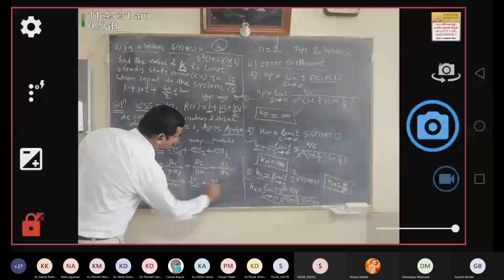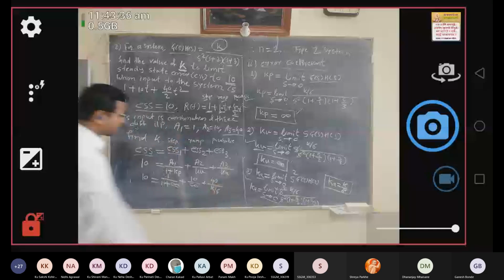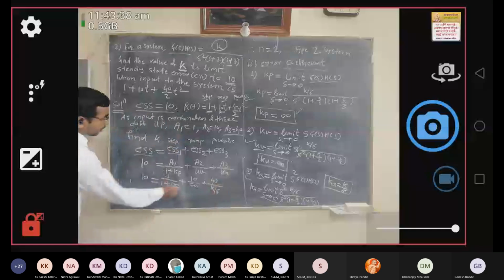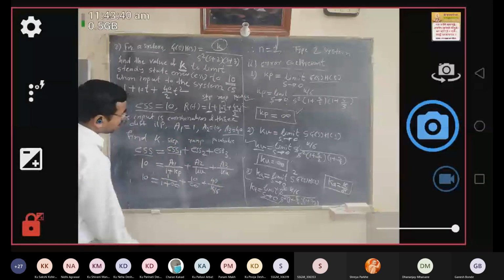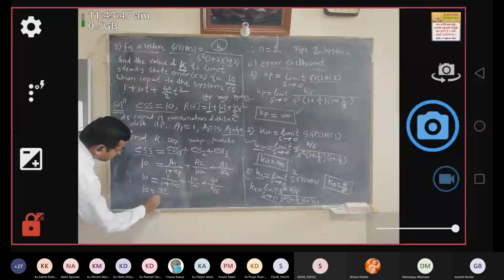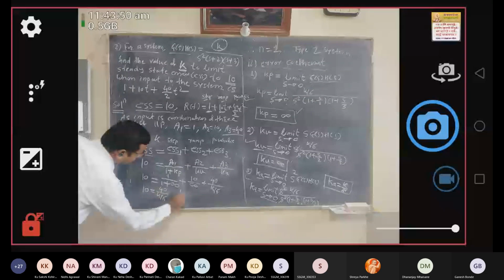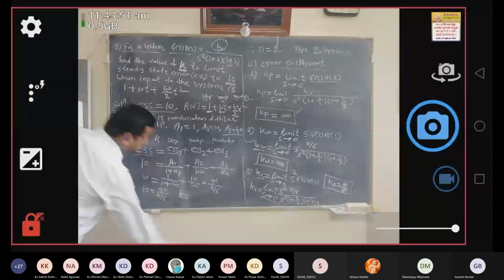Ka value is K by 6. So here is K by 6. So 1 by infinity is 0, 10 by infinity is 0. So therefore here we are getting 10 is equal to 40 upon K by 6. So find the value of K. Tell me the value of K.